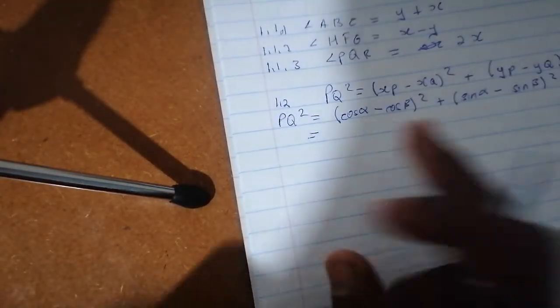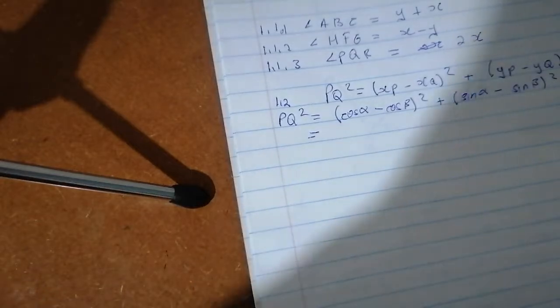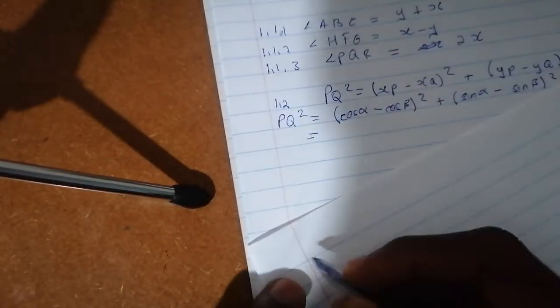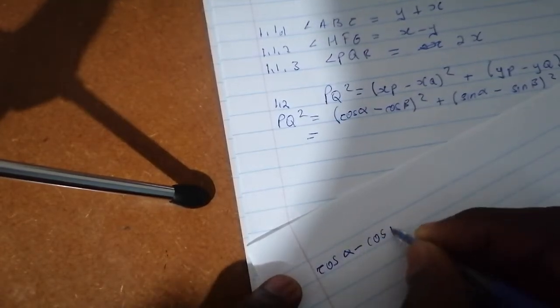Even though this will take a lot of space, we solve it on some paper and then bring it here. So this can be the same as cos alpha minus cos beta.